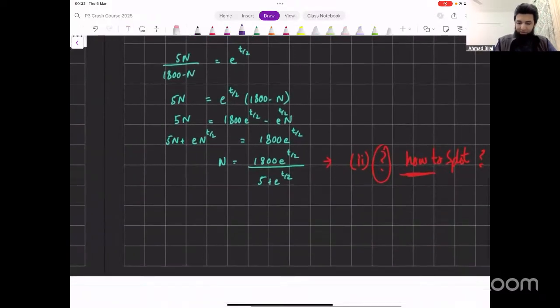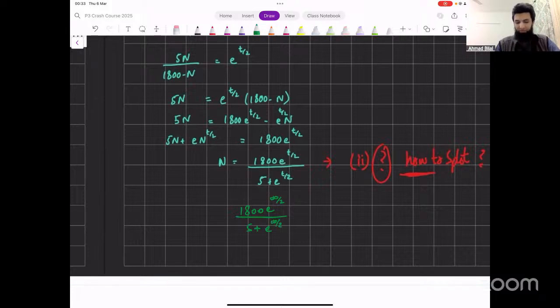Think of what happens as t becomes very large. Numerator में क्या होएगा? 1800 e raised to power infinity over 2. That's like e raised to power infinity, right? Denominator में क्या होगा? 5 plus e raised to power infinity over 2.